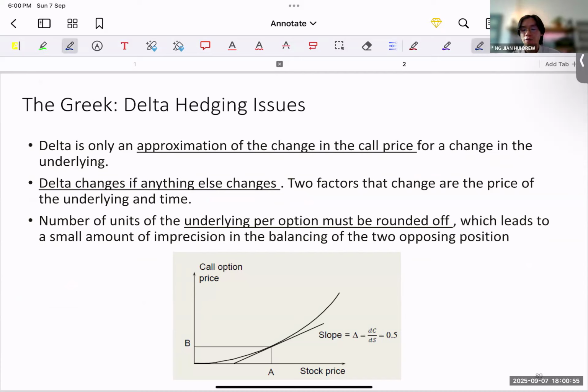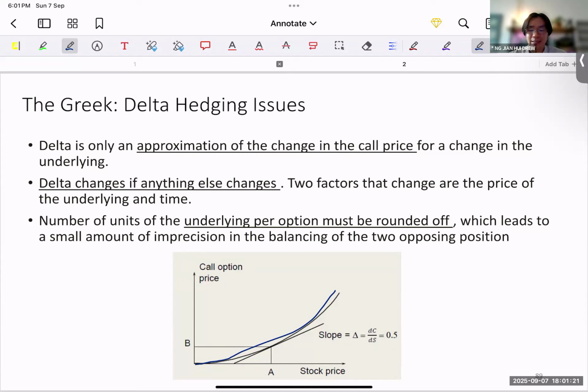So a good representation of what delta looks like is that it gives you the gradient on the price of the option. Recall that in an earlier part of the lecture, we talked about how the price of the option is a curve like this, which was a combination of the intrinsic price plus the time value of the option.